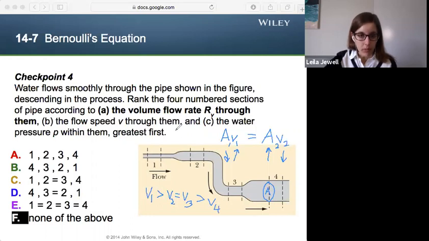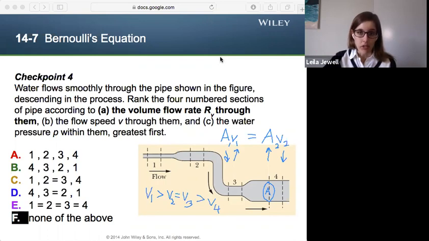All right, and it says to rank them greatest first. So we are in good shape for our 1, 2 equals 3, and 4. And by following this procedure of figuring out that the volume flow rate's constant, that determines the velocity, it makes C much more straightforward, because C is looking at the pressure within them greatest first. And we know that pressure is going to depend on both how fast it's going and how high it is.